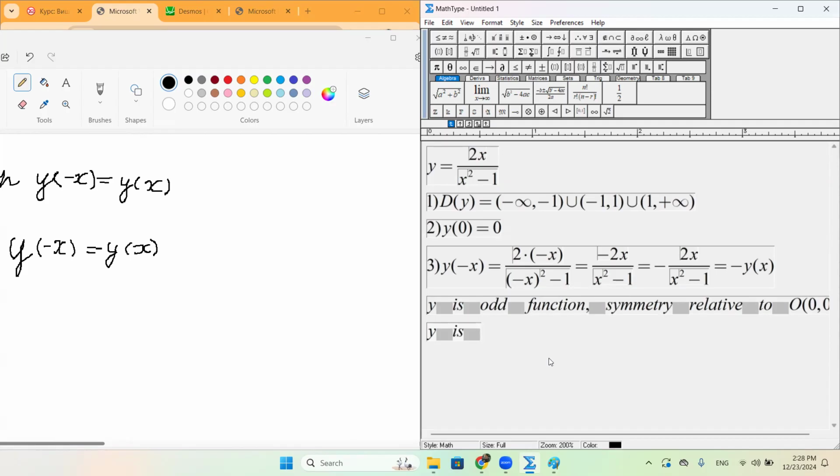But this rational fraction is not periodical. You can just write that it is obviously not periodical. And that's it.